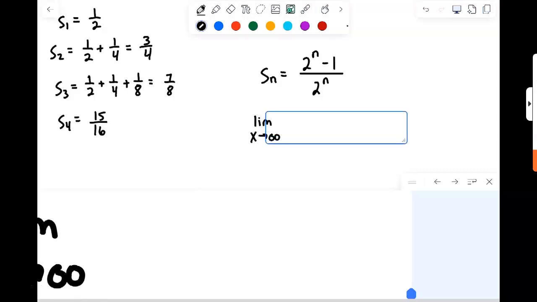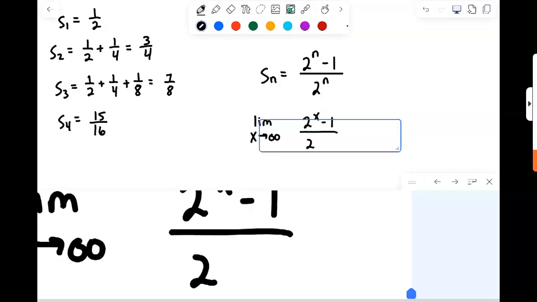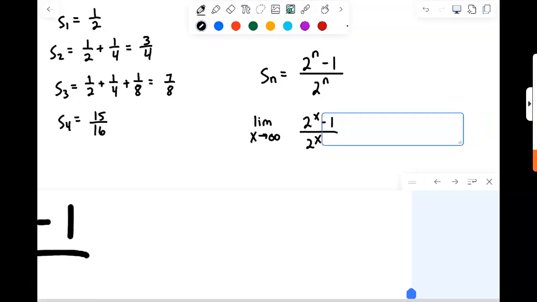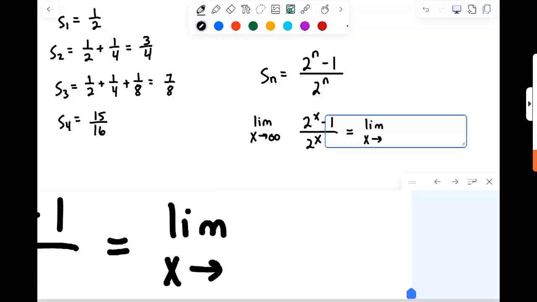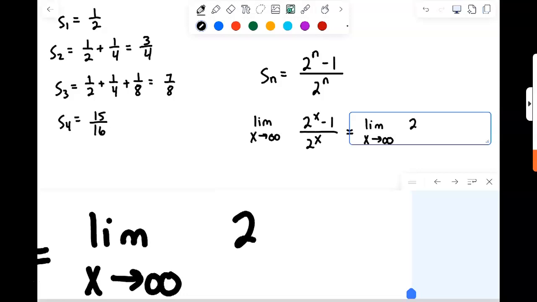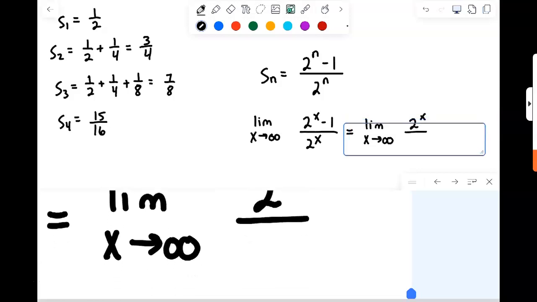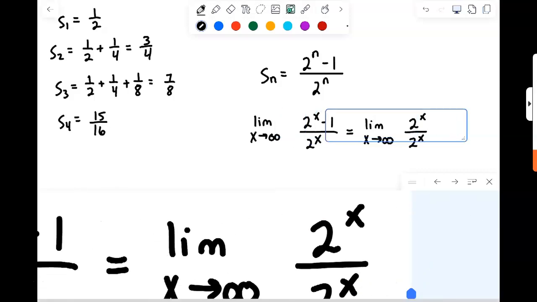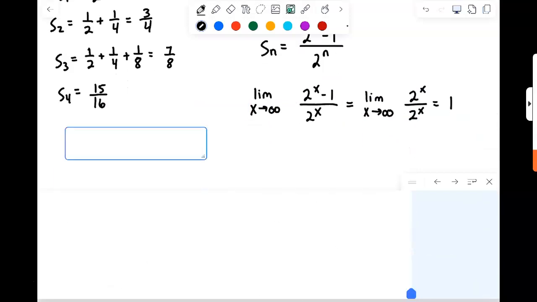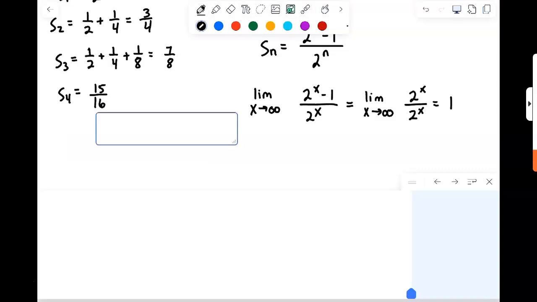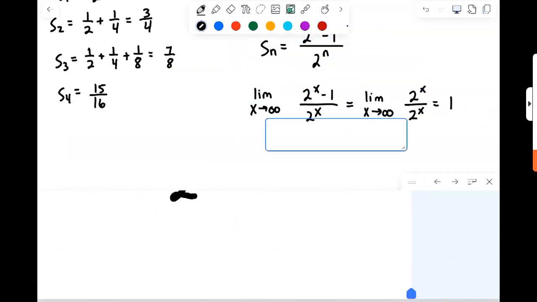So, the limit as x goes to infinity of 2 to the x minus 1 over 2 to the x. And what we realize is that the minus 1 really contributes nothing. So this is the limit as x goes to infinity of 2 to the x over 2 to the x, and of course those would just cancel out. So this limit is actually just 1. Therefore, we would say the limit of the sequence of partial sums is 1.